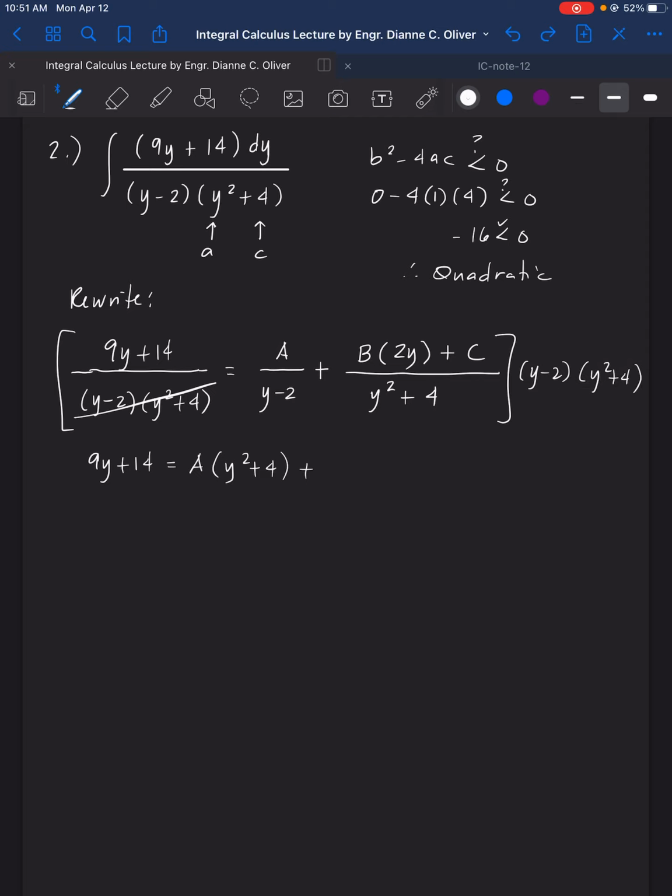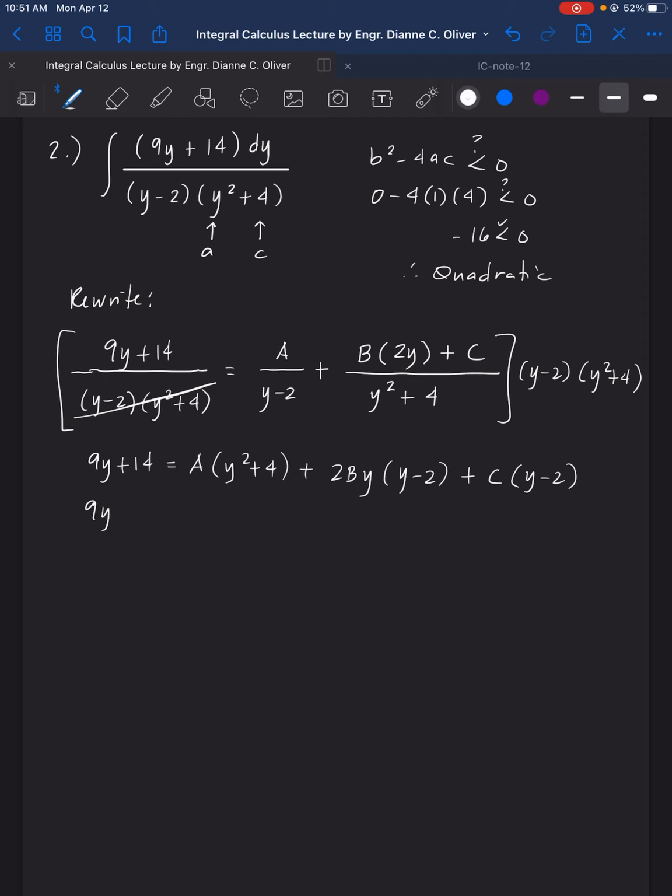So B, 2By times (y - 2), plus C times (y - 2).